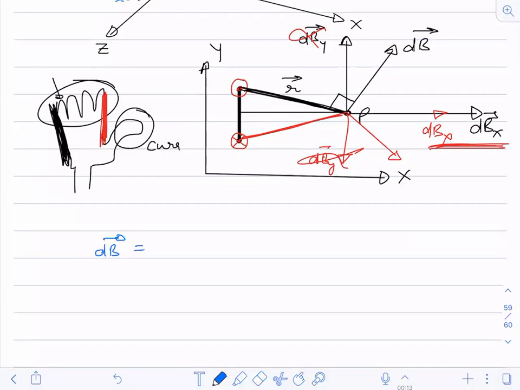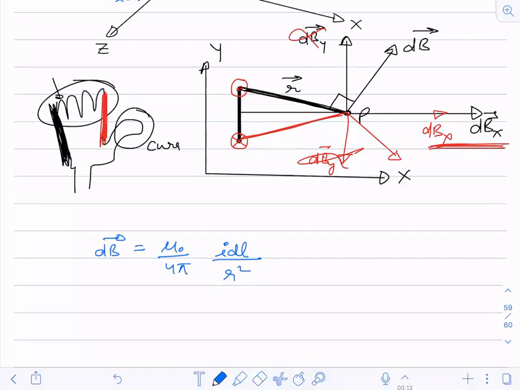It will be written as mu naught upon 4 pi, I dl divided by r square.